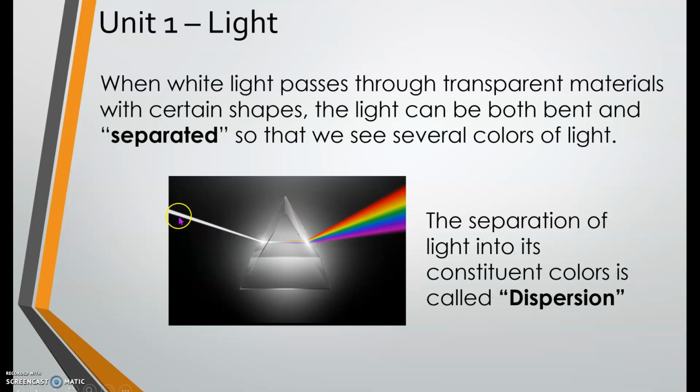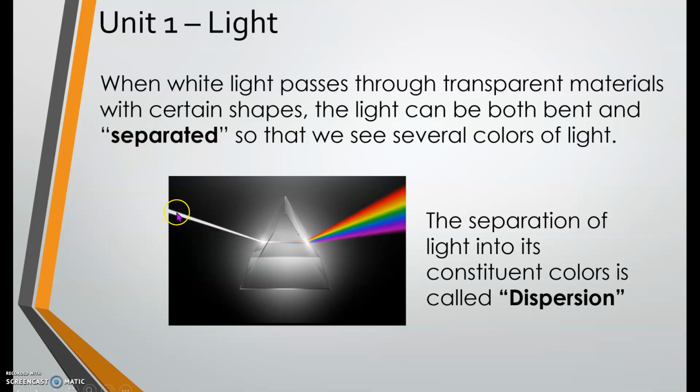Okay, so when white light goes inside this material, which is transparent in a triangle shape, the light will tend to bend. Okay, so you see the white light did not go inside and go straight. The white light goes inside and bends, and then separates.